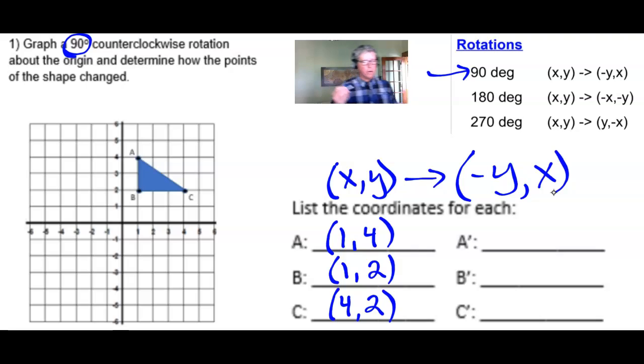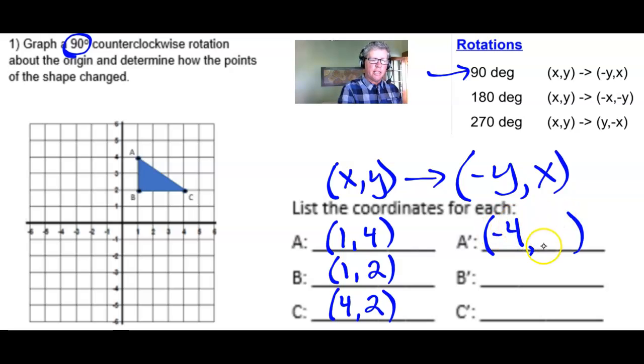All right, so the way that's going to happen here is I'm looking for the new point. I want to know where A prime is. I want to rotate A. So what does it say to do? To get this first value right here, it says take the opposite of the y value. So I go to the y value. The y value is 4, and I need the opposite of positive 4, which is negative 4.